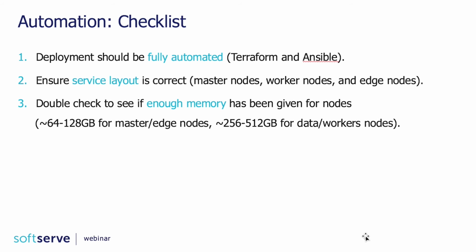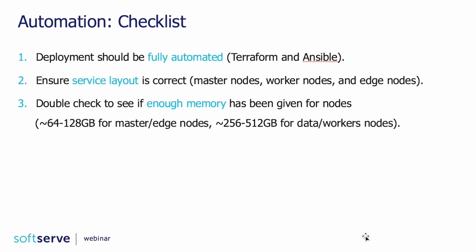So the checklist for deployment is: deployment should be fully automated, always, period. This is most important for any project we do. Ensure that the service layout is correct, because otherwise some very strange things could happen and you will probably not even know why.